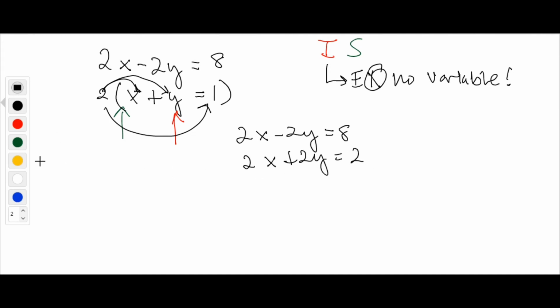And the reason why you can do this is because x plus y equals 1 is the same thing as saying 2x plus 2y equals 2.